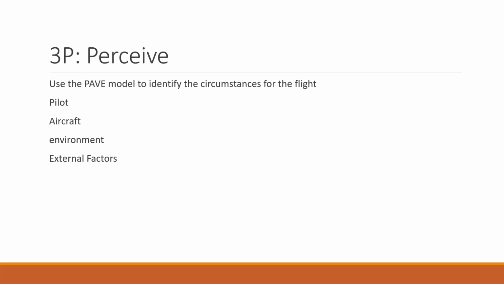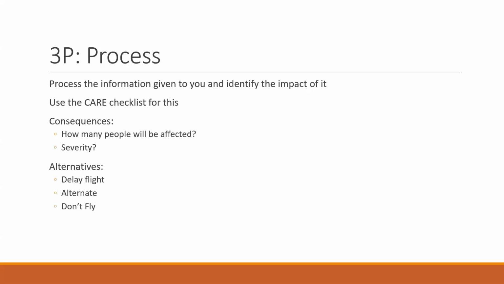Monitoring the environment around you, make sure weather's staying the same, airports didn't close on you, you're not flying into a TFR or a military operating area. And then finally, you can check for external factors. So time, day, passengers, whatever that might be. So first you perceive using the PAVE model. So you identify the hazard, and then you can process that hazard.